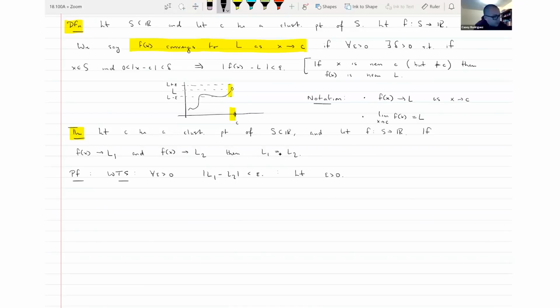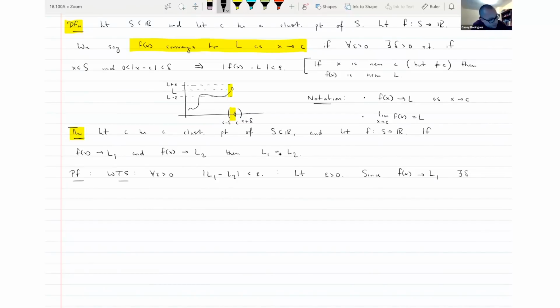Let epsilon be positive. So since f of x converges to L1, there exists, just from the definition, given some small tolerance, a little number delta so that if I look inside this interval, I get mapped to the interval L minus epsilon, L plus epsilon.